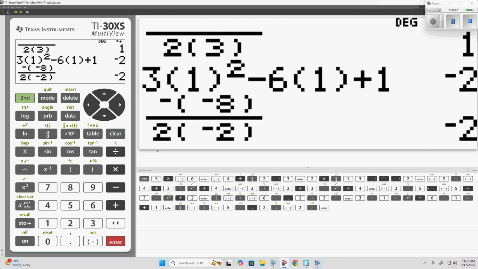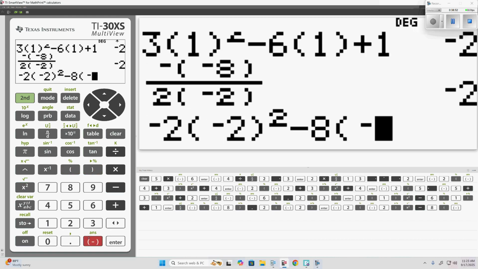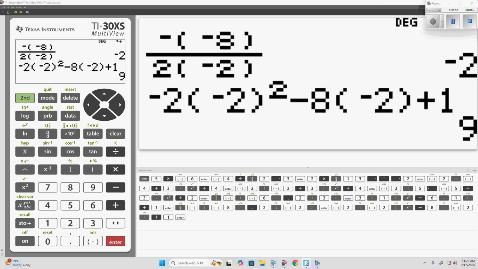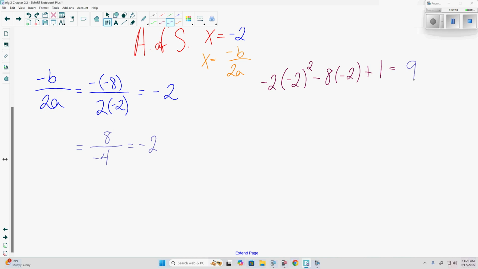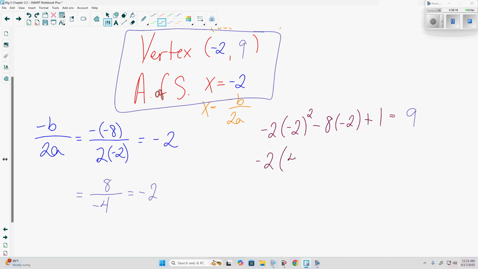Now at this point here, we can plug that negative 2 in for x, and we will get 9. Notice that the vertex is the point negative 2, 9. The axis of symmetry, x equals negative 2. And we get this here because even if we work this out by hand, negative 2 squared, negative 2 times negative 2 would give us 4.